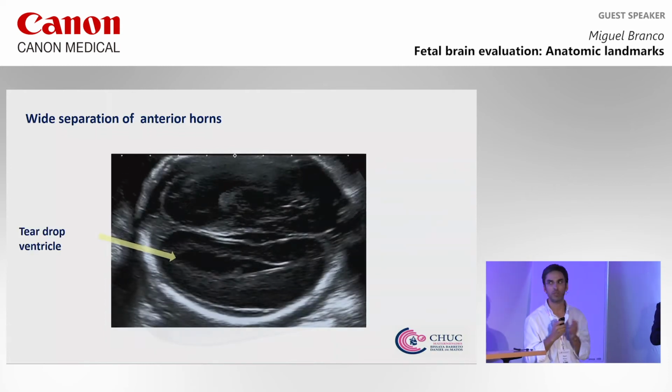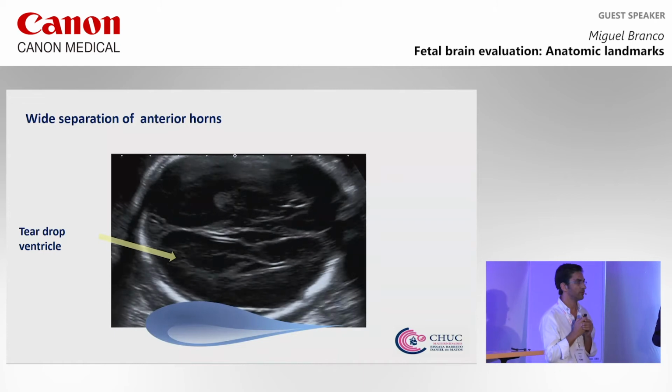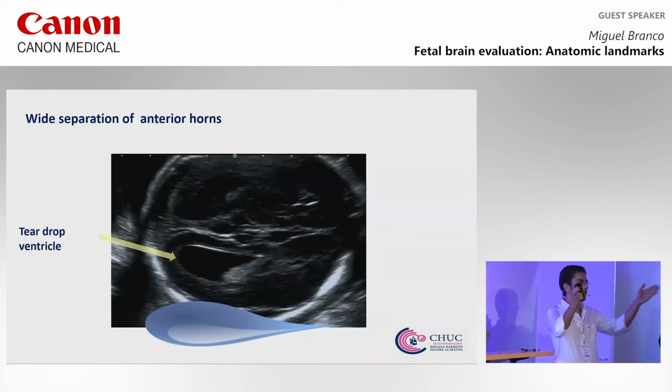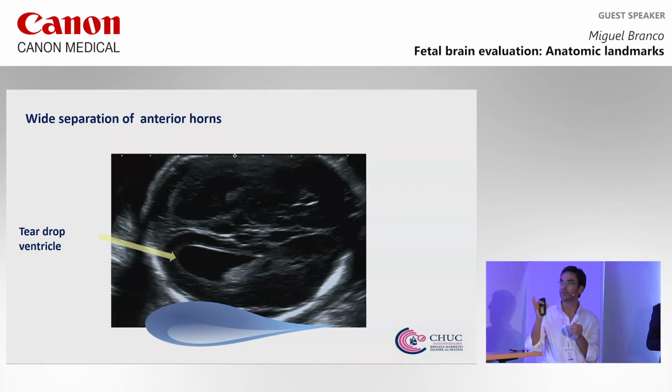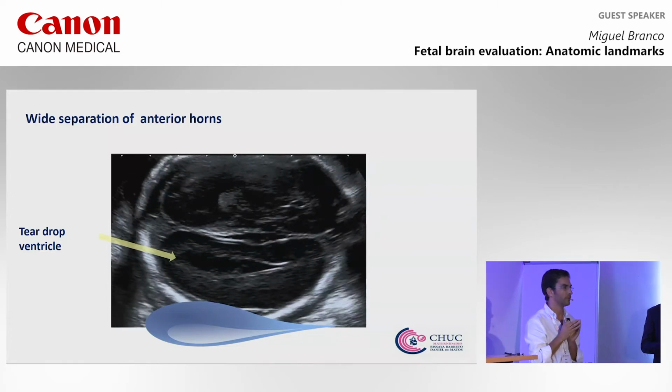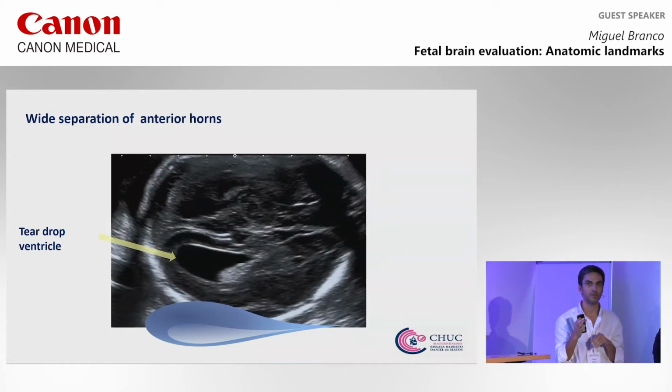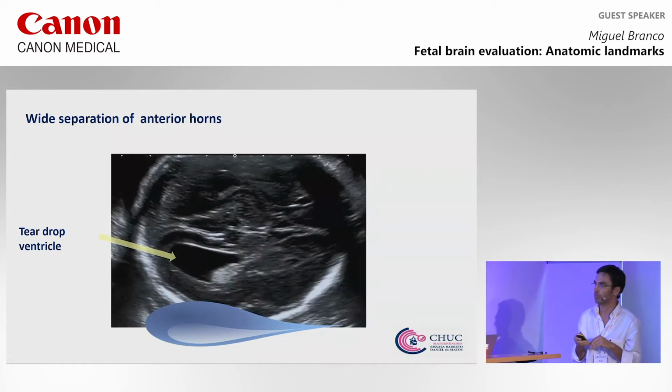That, in the association of colpocephalic lateral ventricles and the wide separation of the anterior horns, gives the teardrop aspect of the ventricle. That is very suggestive of complete agenesis of the corpus callosum.